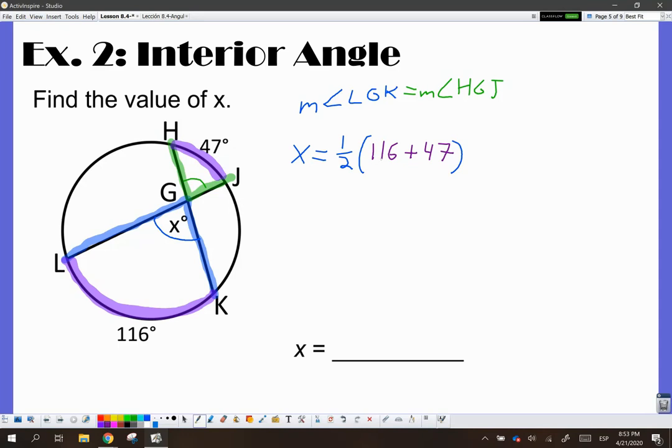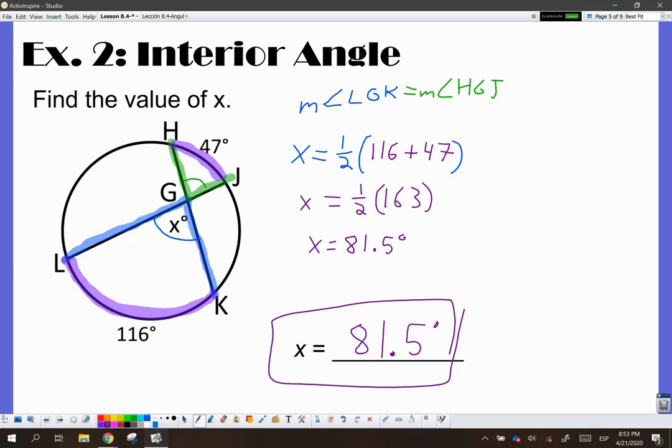So 116 plus 47 is 163, and I know I'm going to be multiplying that by 1/2 to get x. So if I do that, then my answer is 81.5 degrees. So the measure of angle LGK, or x in this case, is 81.5.